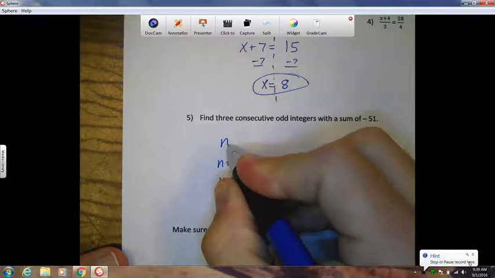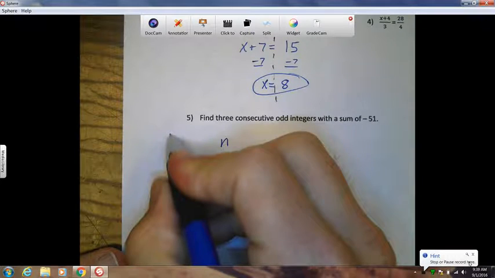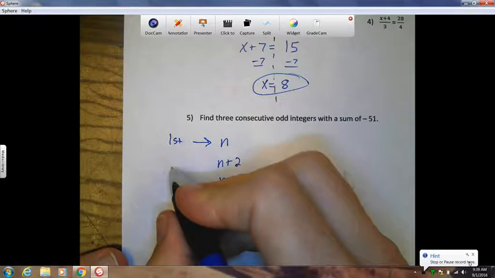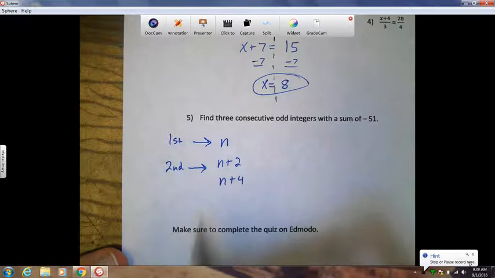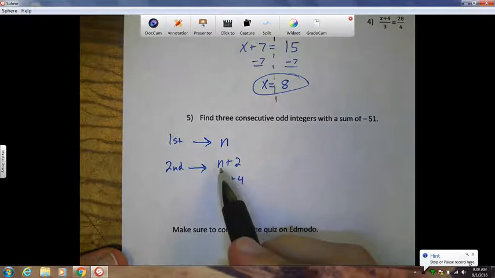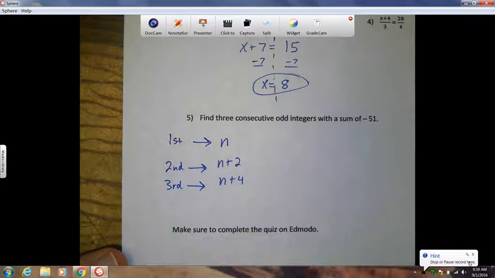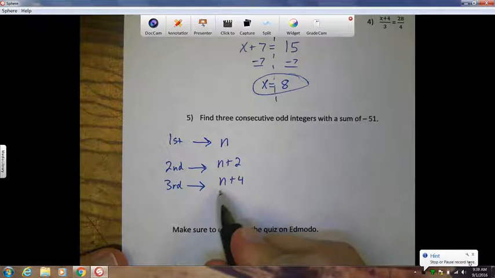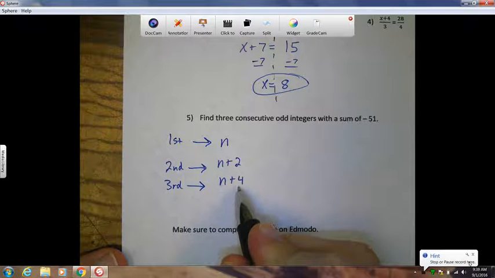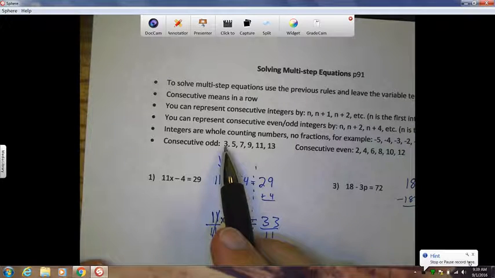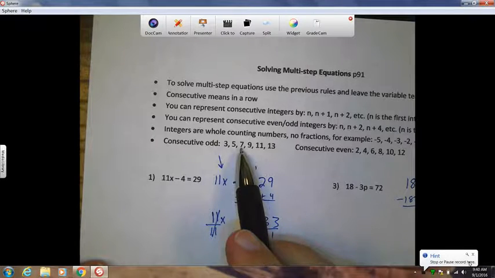So n represents the first number. N plus 2 represents the second number. It means taking the first number, which is n, and adding 2. The third is n plus 4. It represents taking the first number, which is n, and adding 4. If you look at our example, if my first number is 3, 3 plus 2 is 5. 3 plus 4 is 7. So that's how this can work.